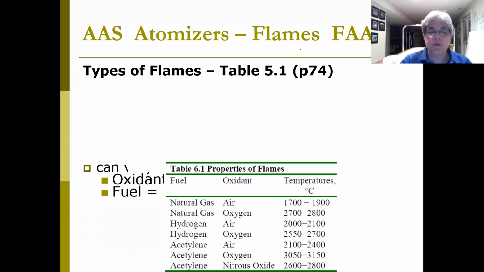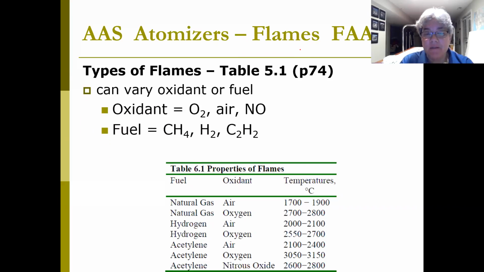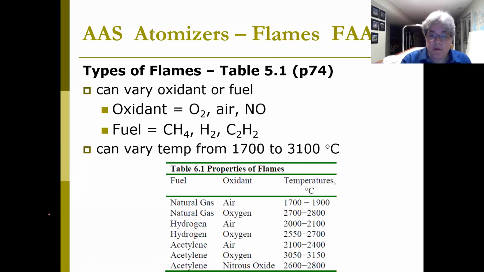So in a flame, you will need an oxidant and a fuel. So an oxidant can be oxygen, air, or NO. The fuel is usually methane or hydrogen or C2H2. It's called acetylene. And notice that depending on what your fuel and oxidant is, you can have different temperatures for the flame. The flames can vary between 1700 to 3100 C.